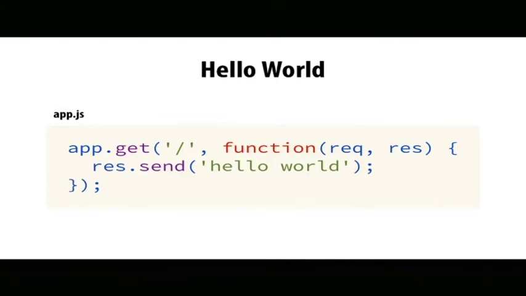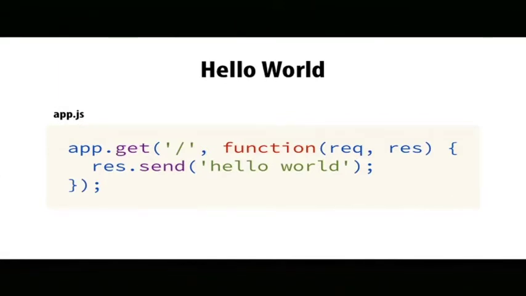As you can see, the second value is just a function that will take a request and a response. And this is called a middleware function. Basically, you can take things from the request and use the response to send down data to the pipe. In this case, we just send hello world.